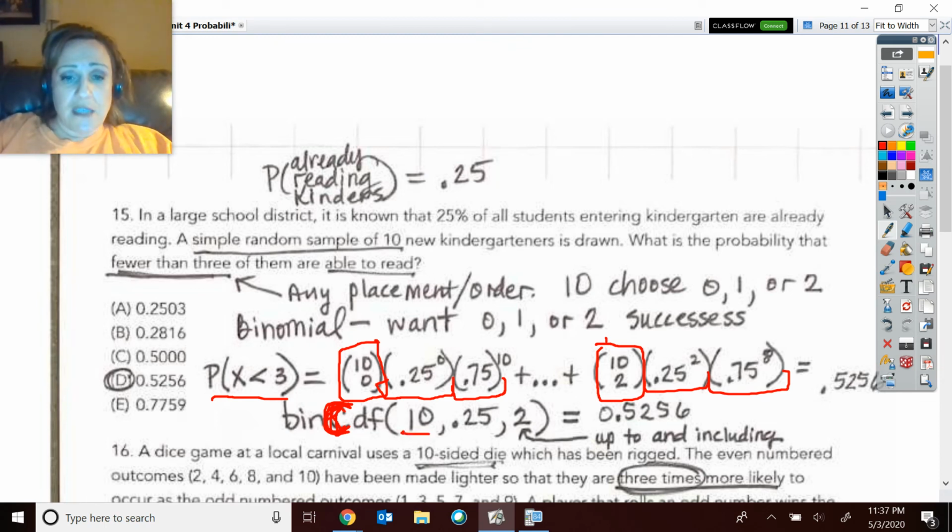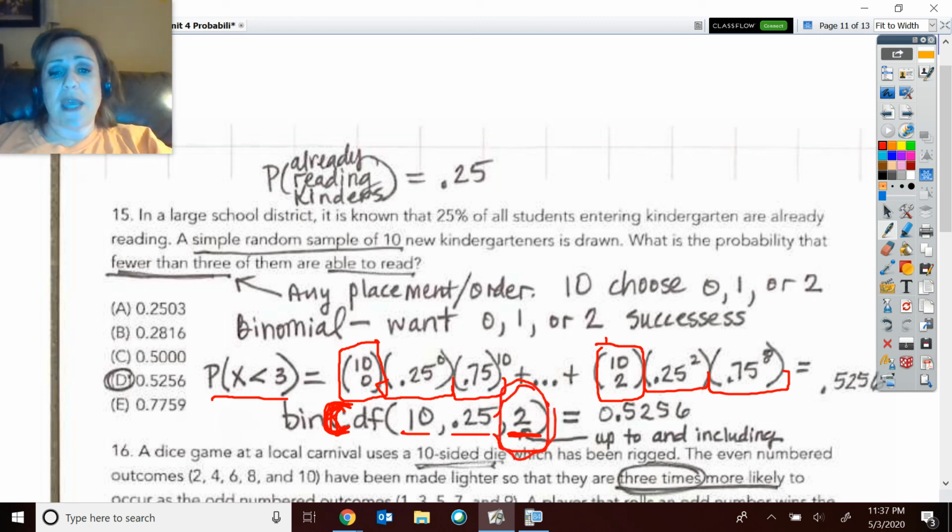So out of 10, this is the probability of reading, up to and including 2. And so then that gave me 0.5256. Okay? So it's just a matter of knowing how that calculator accounts for up to and including 2 when we want fewer than 3. All right, there's your number 15.